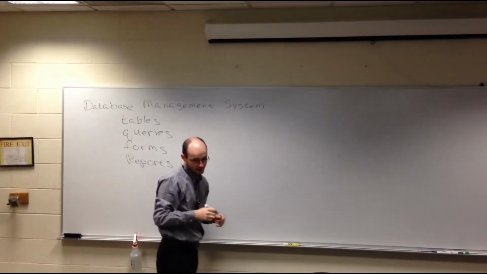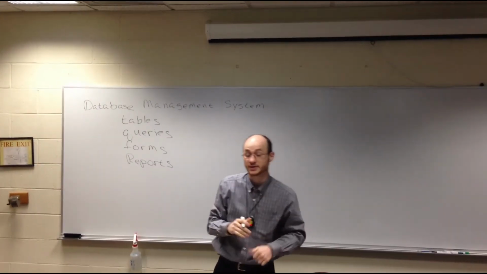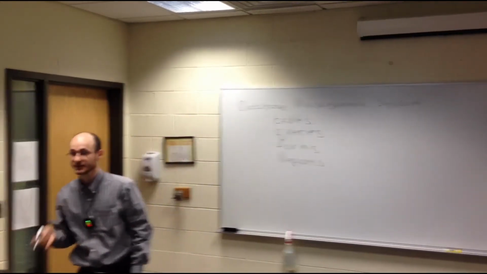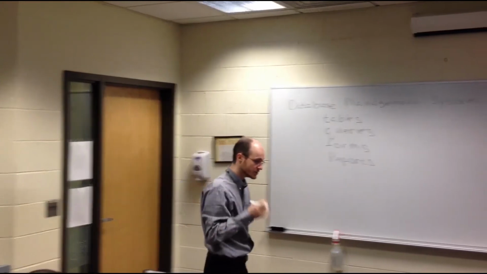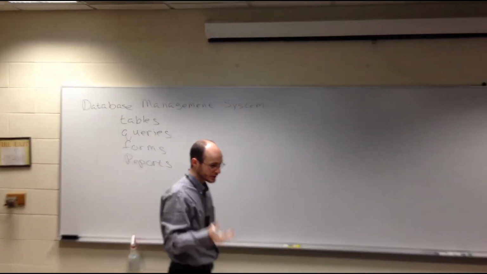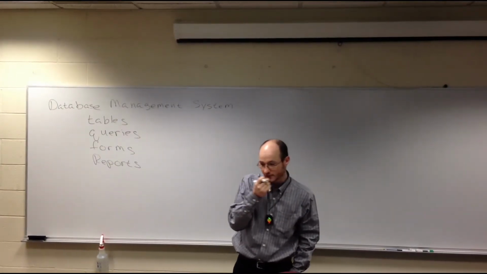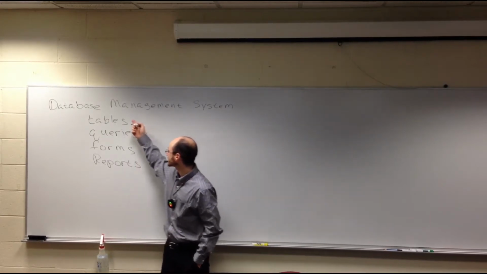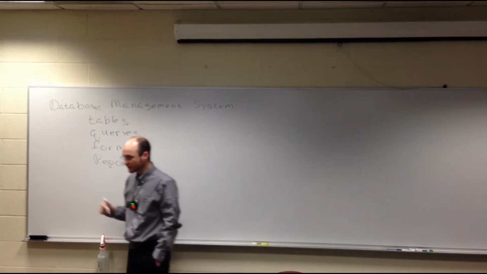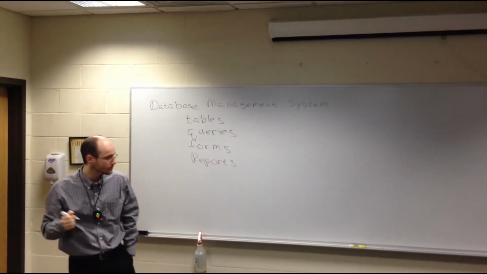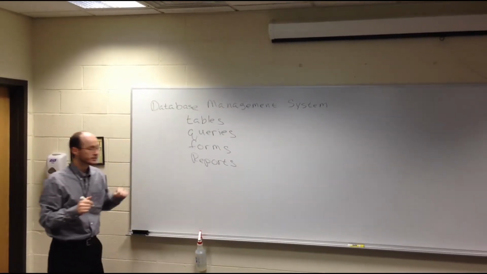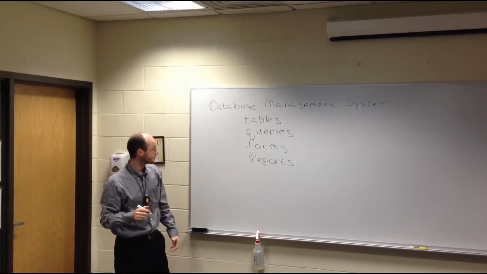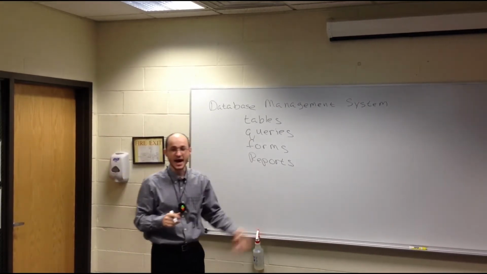And in today's technology, because there's a whole slew of different types of databases, we have what we call relational database management systems. So DBMS is typically the initials that you would see here. And these are just tools like Microsoft Access that gives us the abilities of either storing data, questioning the data, ways to enter in data into the database, and ways to print the information out of the database.